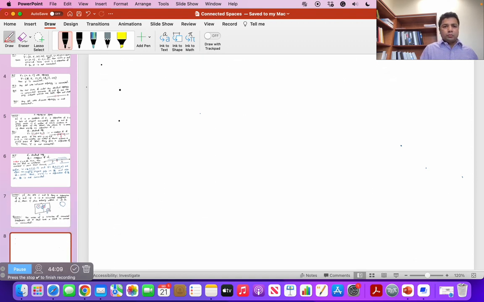Now there are two more theorems I'm going to give you here, and they will also tell us how to construct a new connected space from other connected spaces. Basically this theorem gives us the relation between continuous functions and connected spaces.